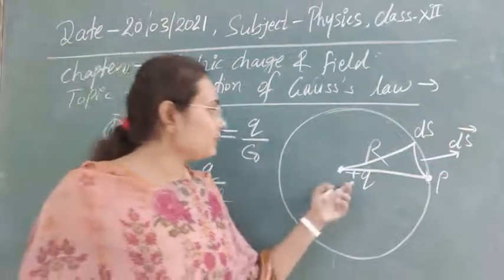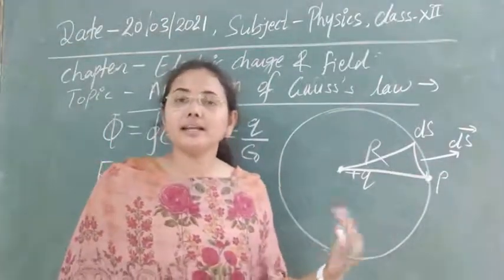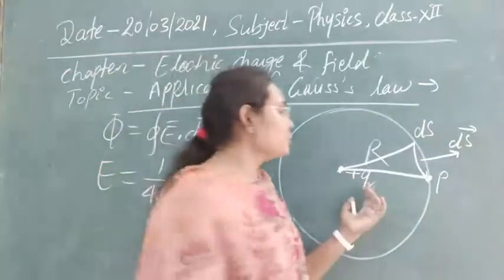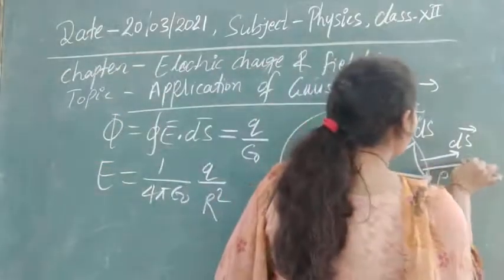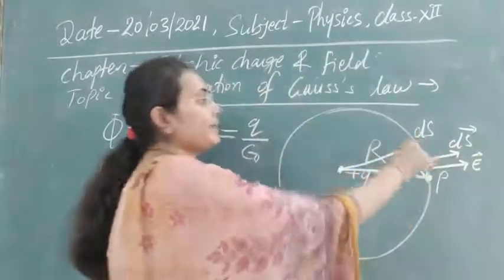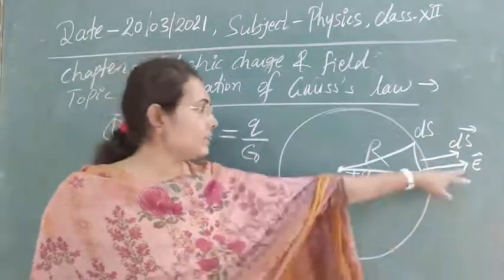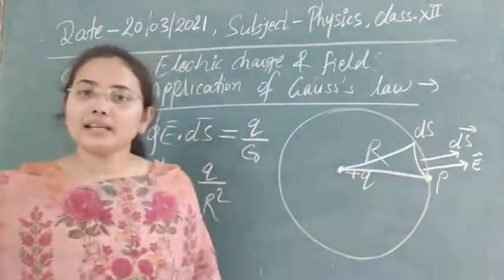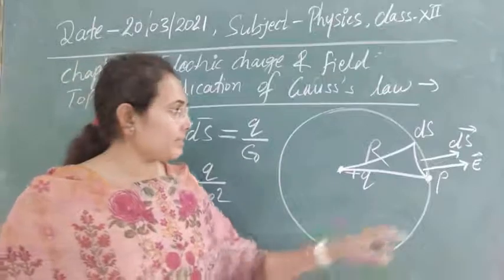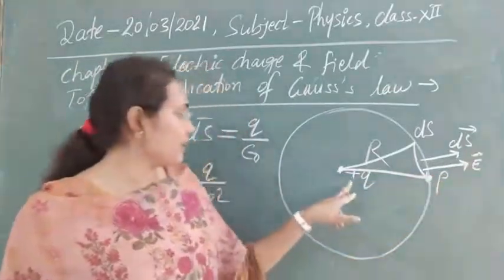Also you know that for plus q charge the field is radially outward, so it will be in this direction. At any point you take this small area, the area vector and the vector E will always be in the same direction for plus q charge.